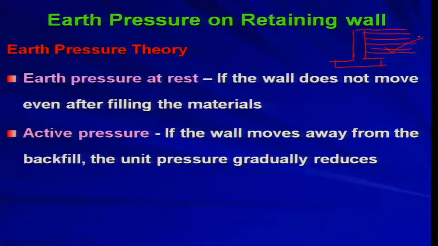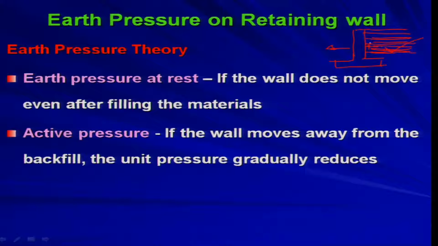Now, the second condition is active pressure. If the wall moves away from the backfill, the unit pressure gradually reduces. That means if the wall moves in this direction due to the backfill, that you are filling and compacting, and due to the pressure exerted on the wall, the wall starts moving away from the backfill, then that condition is known as active condition, and whatever pressure is exerted on the wall at that time will be known as active pressure.